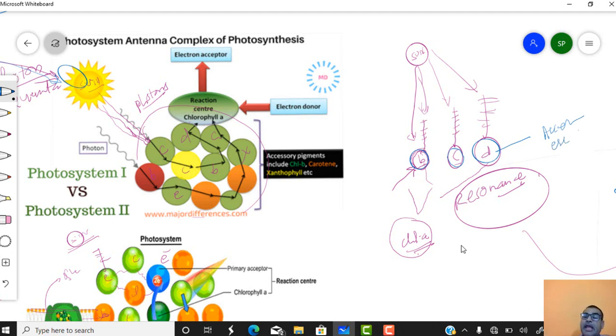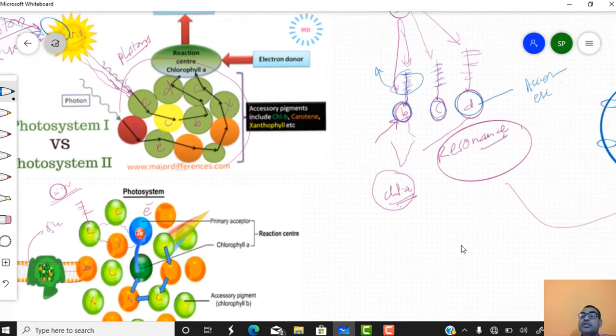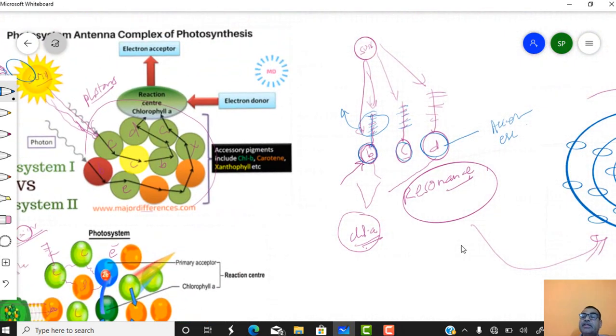Here each pigment acts as an antenna and traps the solar energy. How does this antenna act? Just like the dish antenna on our roof, which captures the signal from a satellite, these pigments act as antennae and trap the energy from the sun in the form of photons.